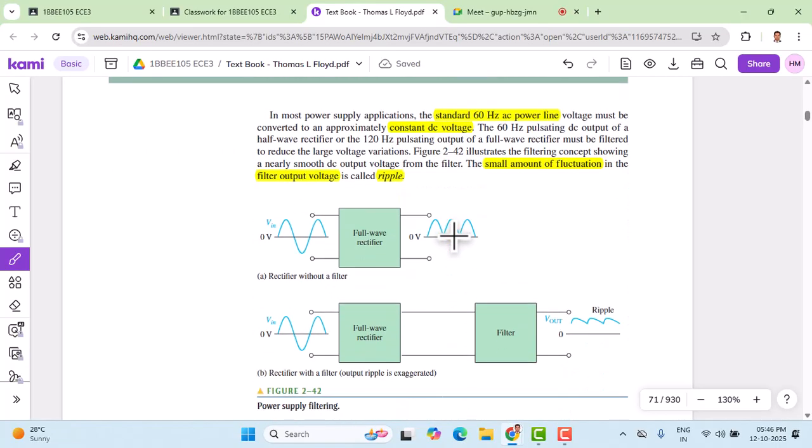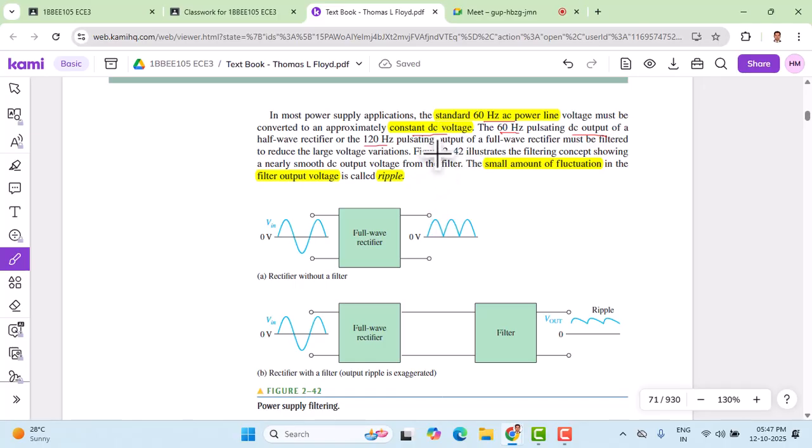Now let's take a look at the different rectifiers we have discussed. In most power applications, 60 hertz is the AC power supply, and we expect a constant DC voltage at the output. But the problem is that the half wave rectifier provides just a 60 hertz pulsating DC output, whereas the full wave rectifier, either the bridge or the center tap rectifier, can provide twice the frequency of the input that we applied.